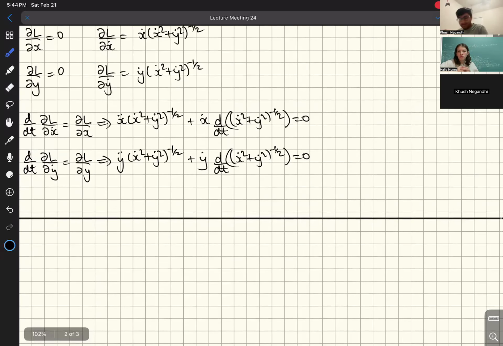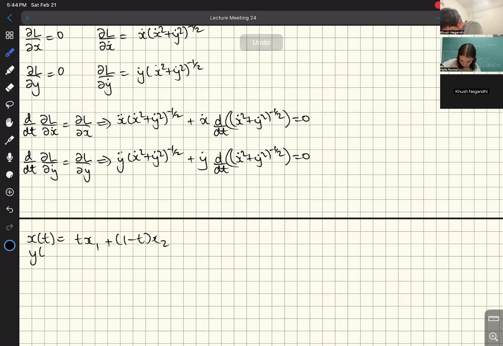So with that in mind, we're going to guess solutions x of t equals t x1 plus (1 minus t) x2 and y of t equals t y1 plus (1 minus t) y2. You can draw this out, and this will just be a straight line, which tells me that x dot is simply x1 minus x2, and y dot is simply y1 minus y2.